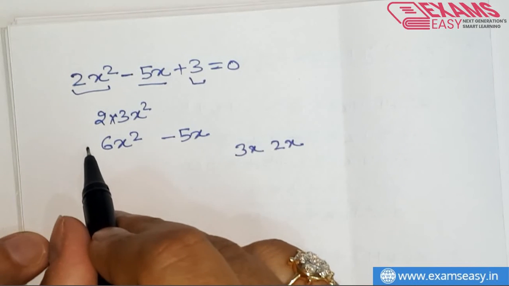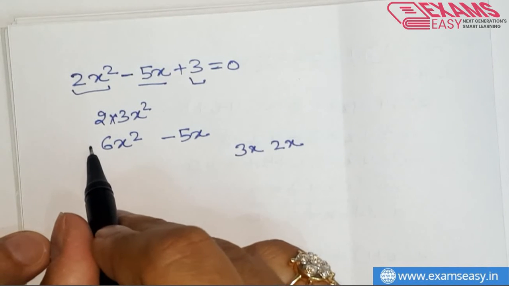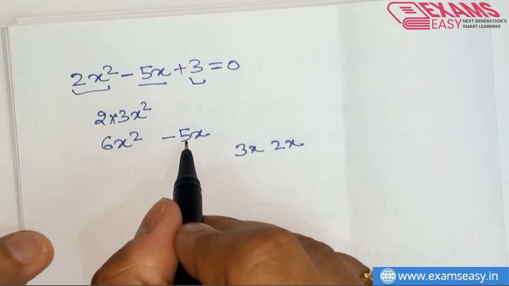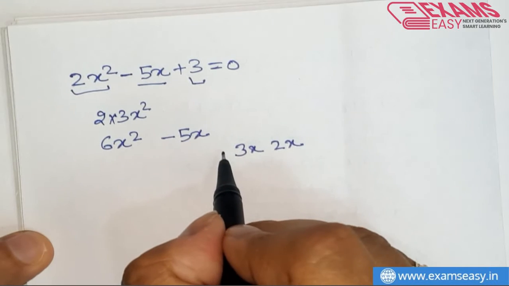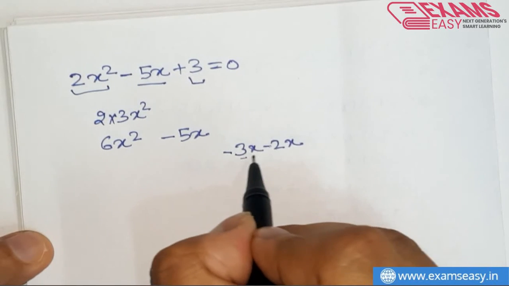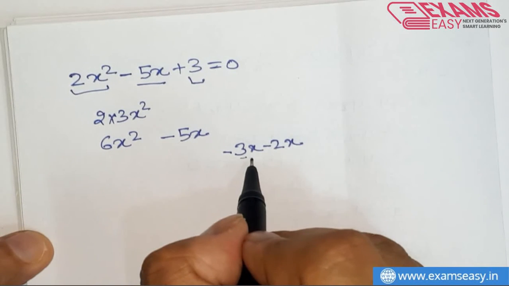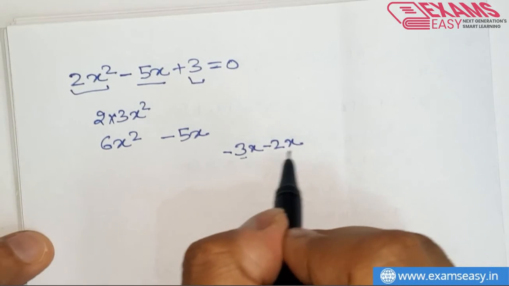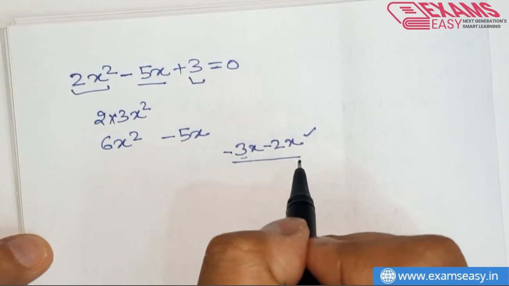But we have to satisfy the signs also. In the product term we want positive, and in the summation term we want negative. So this is possible when we make both terms negative. Minus 3x minus 2x will give you minus 5x, and the product of minus 3x into minus 2x will give you 6x square. So this is the valid combination we have got.